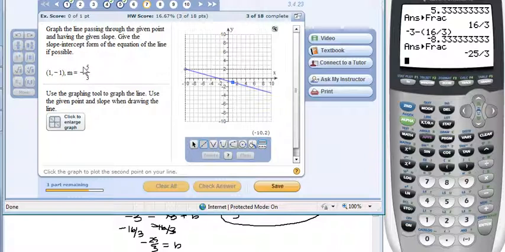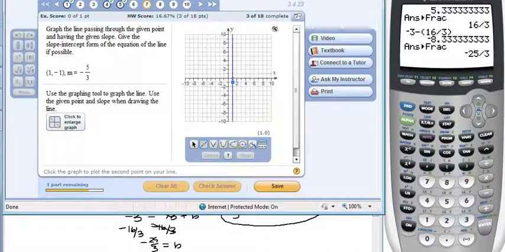What it's telling me is to go from that point, go down 5 to the right 3. This one's going to be the negative one, this one will be the positive one. Or if I put this down with the 3, then I could have gone up 5 to the left 3. So it's just which side of the line you're graphing, it doesn't matter. Like I said, I'm going to choose to put it with the 5.